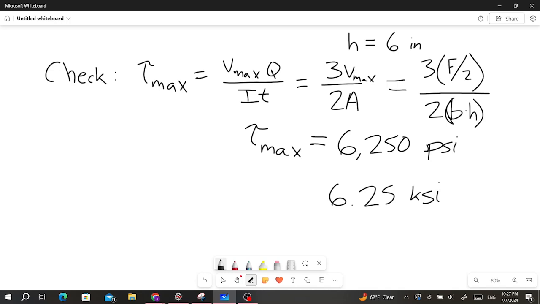Now remember, our tau allowable was 28 KSI. So our tau allowable is greater, so the strength that we're given is greater than the stress that we induce, which means that this dimension H equals 6 inches works both for bending stress and for shear stress.